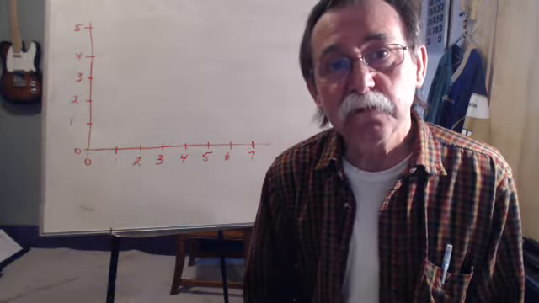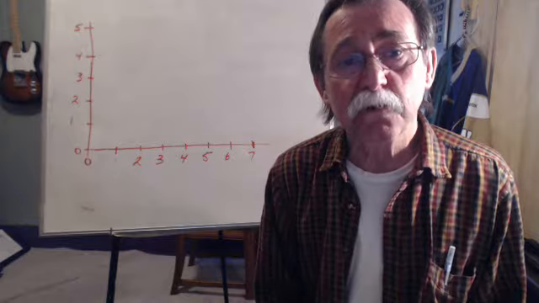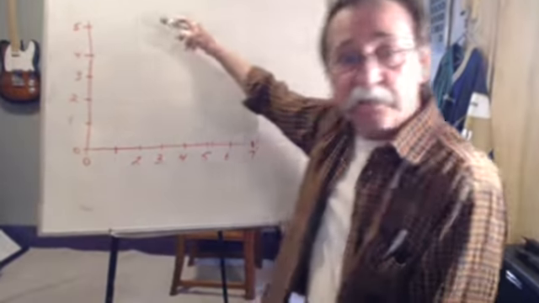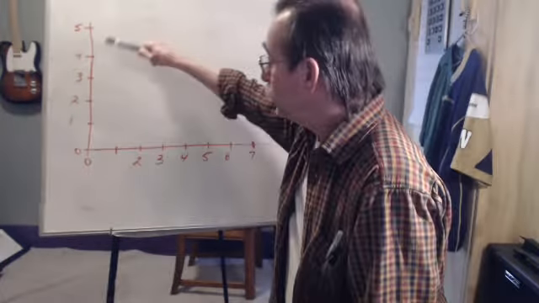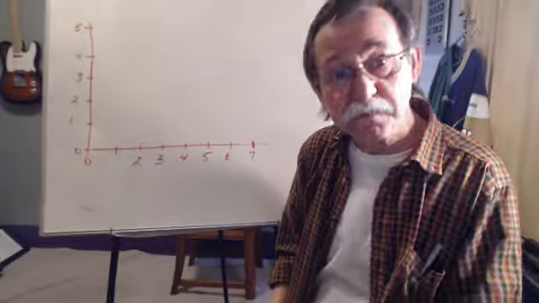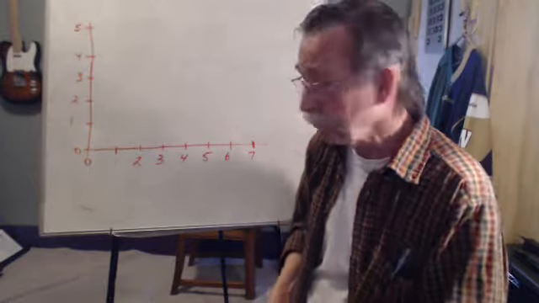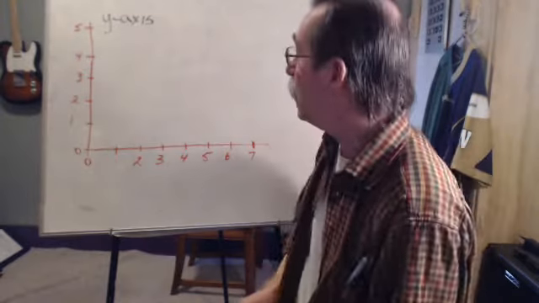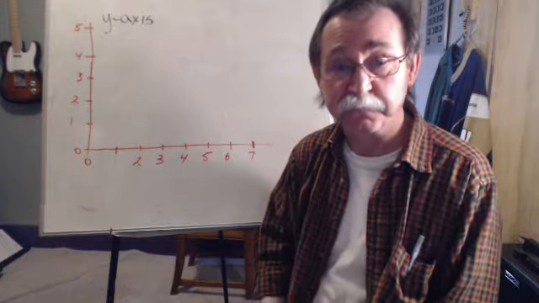So what we have to learn is what the coordinates mean. Here I've made one up. It goes on this vertical. Vertical means up and down. That is called the y-axis.